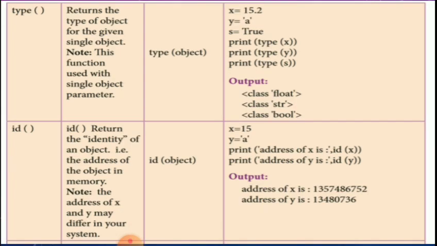Next one is type. It returns the type of the object. What is the type? Here the word type means data type. type within the bracket, the object. See, x is equal to 15.2, y is equal to a, then s is equal to true. In the output we just classify the value that was given.